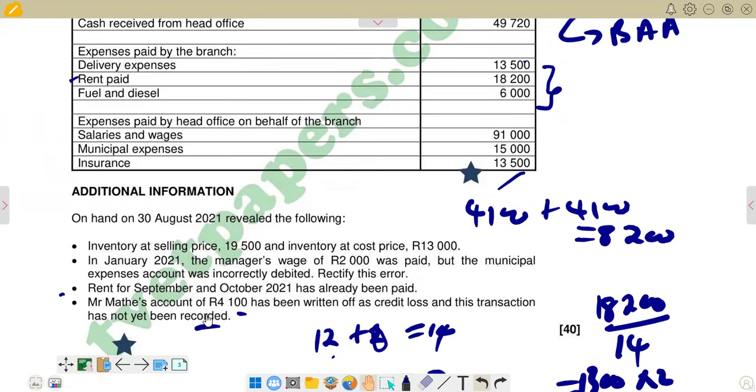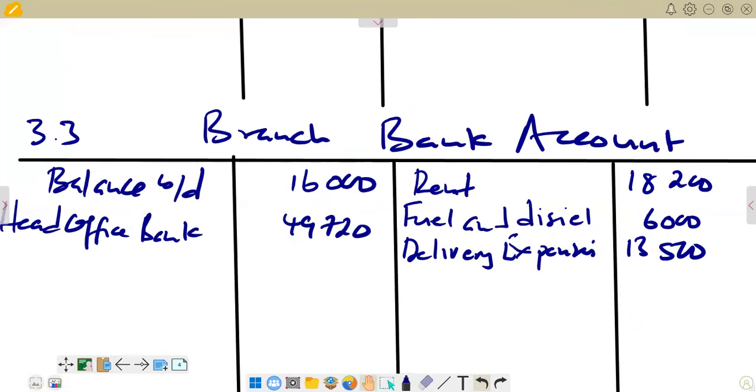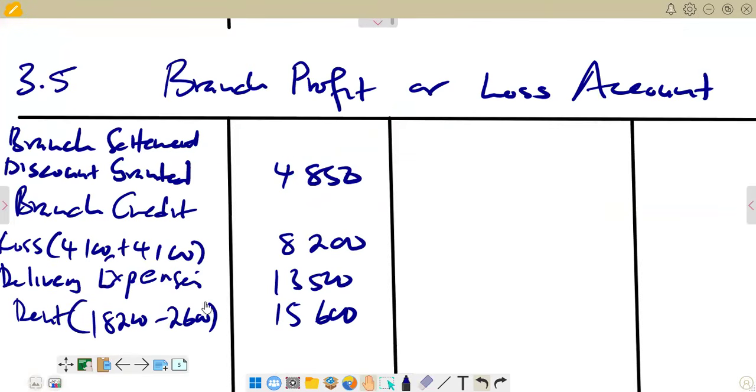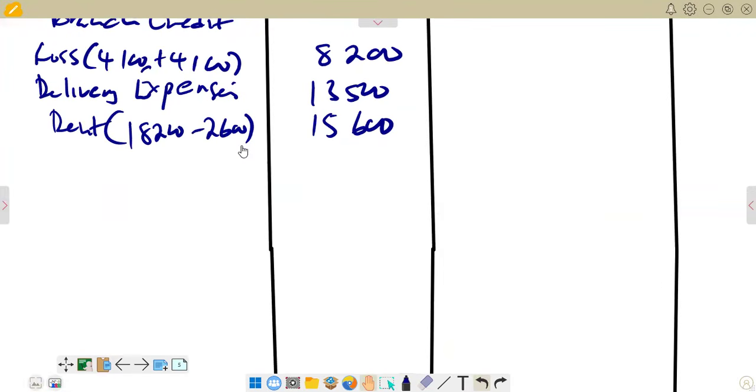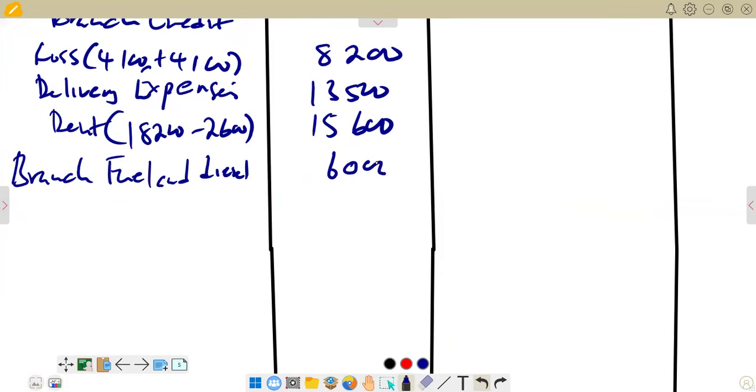So we go there and go to the branch profit or loss. On this one, what we have is our 6,000 for branch fuel and diesel. Which is our 6,000.